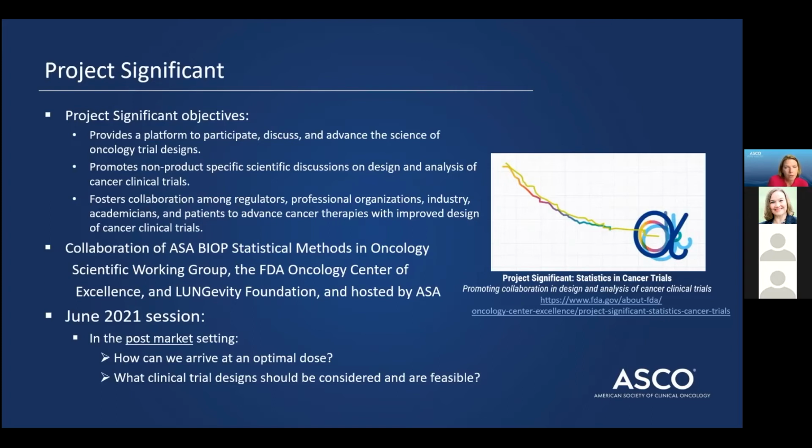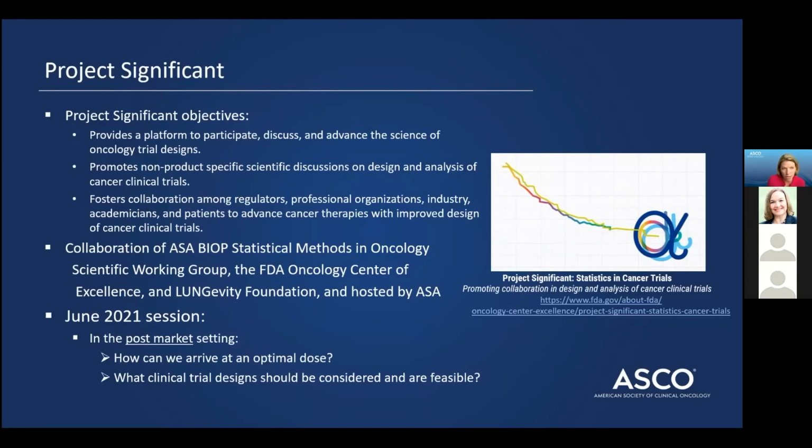The objectives of this project cross a number of different areas, but one of the big things was to bring regulators together with academicians, professional organizations, industry, and patients to have conversations about how we can have improved designs of cancer clinical trials.